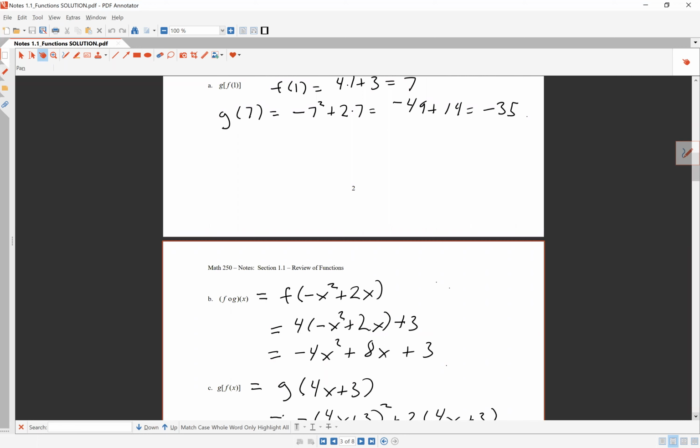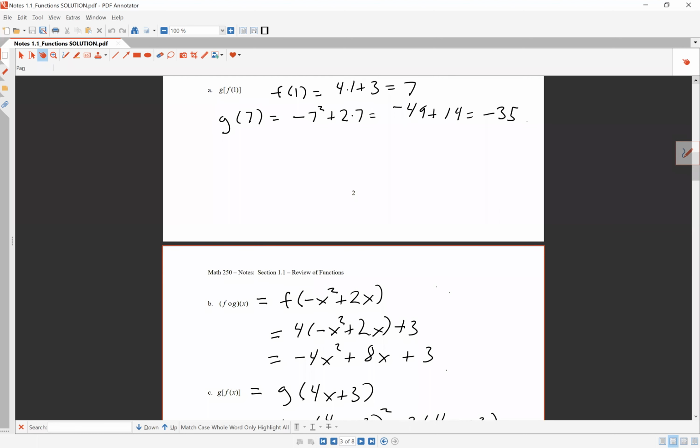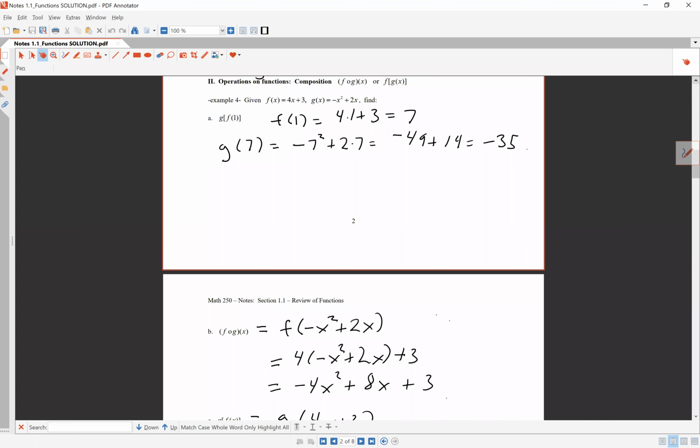Okay, so now we have to compute f of g of x. And so again, your g of x is minus x squared plus 2x. You might want to open up a copy of the slides while you're looking at this, or print out a copy. And so just remember that f of x is 4x plus 3, and g of x is minus x squared plus 2x.